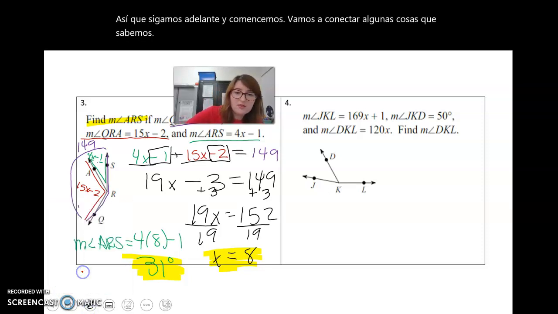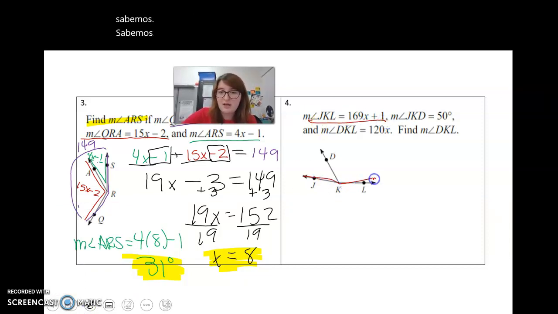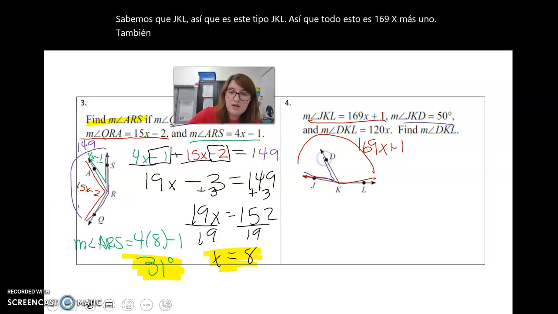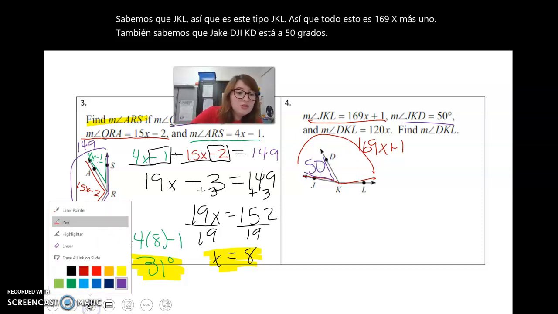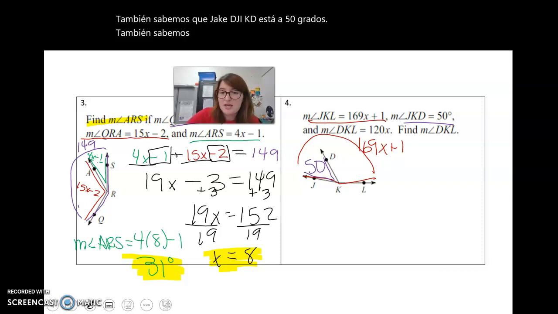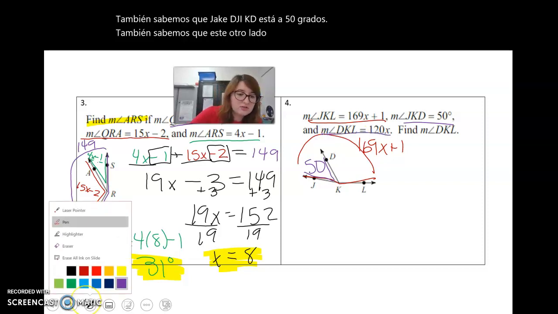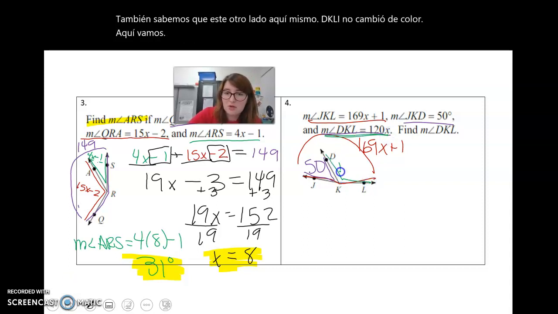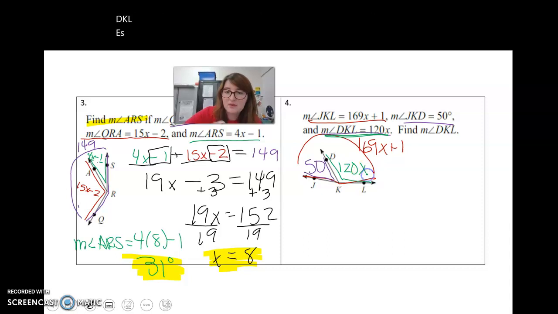We know that JKL, so that's this guy, all of this is 169x plus 1. We also know that JKD is 50 degrees. We also know that this other side right here, DKL, oh, I didn't change colors. There we go. DKL is 120x.